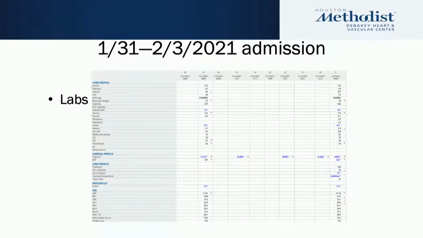He gets labs done, and I'm sorry, I did not mention it earlier on the cath: he had non-obstructive coronary artery disease with 20-25% plaques. And yet you can see we checked the troponin. As clinicians, what's the meaning of this troponin? Did we need to check this troponin, knowing that he has non-obstructive coronary artery disease, and two, we just did an ablation on him, including the vein of Marshall ablation as well?